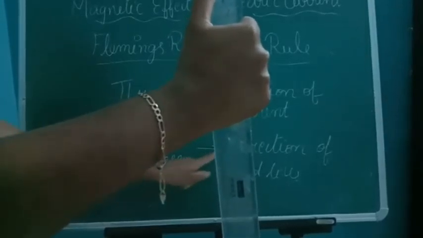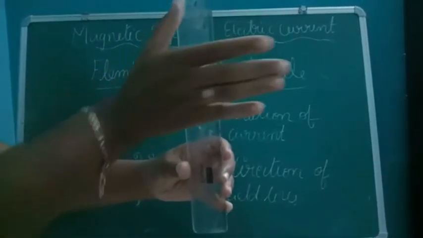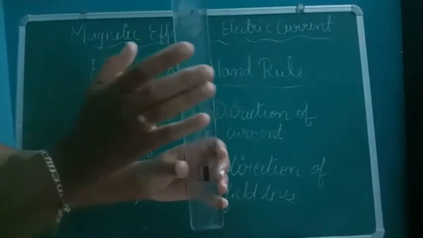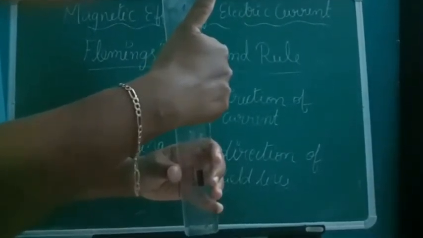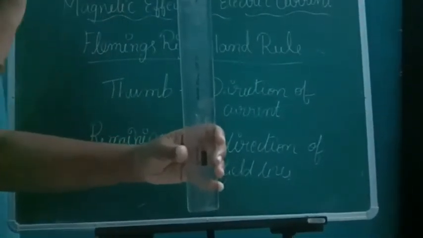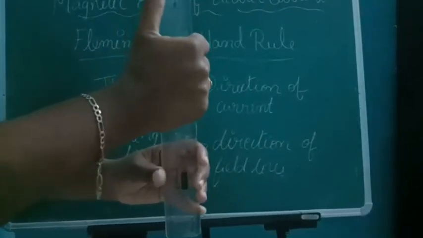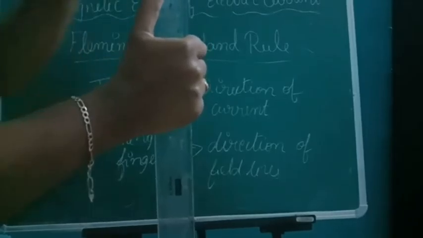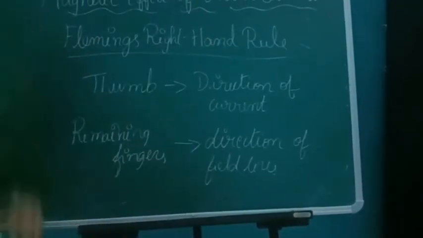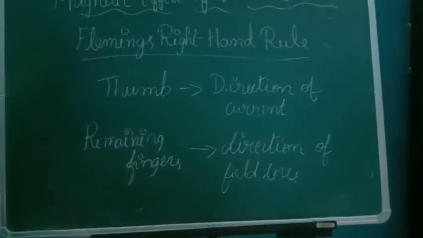The remaining fingers show the direction of the field, rotating like this, so the direction of field lines is transferring. So I repeat again, in Fleming's right hand rule you require only the thumb finger as the major one, where the thumb finger indicates the direction of current and the remaining fingers indicate the direction of magnetic field. So this is Fleming's right hand rule.